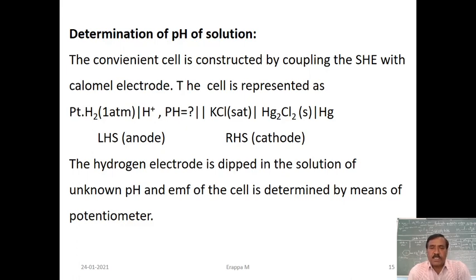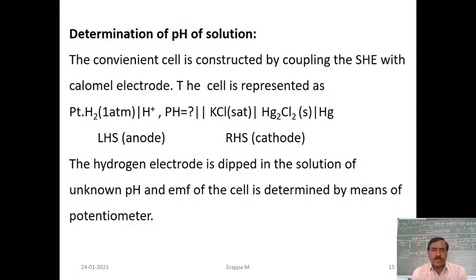It is separated with a salt bridge. Then you represent Hg, mercury in contact with mercurous chloride, and it is in contact with the saturated KCl solution. That is, the hydrogen electrode is coupled with the calomel electrode by means of a salt bridge.